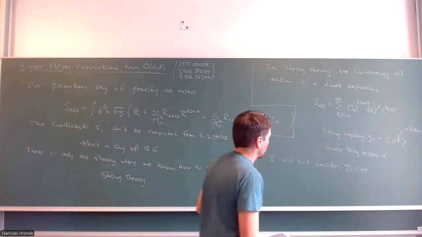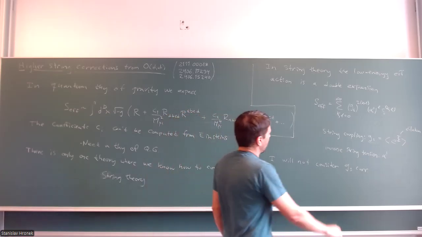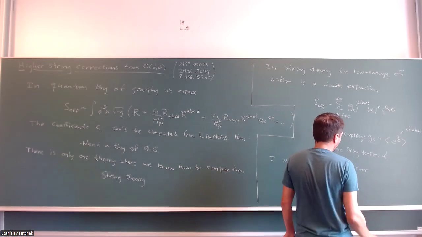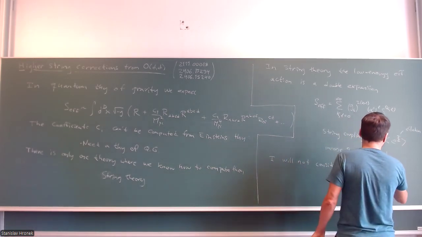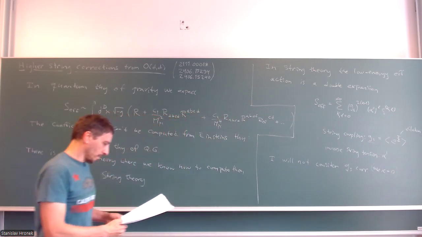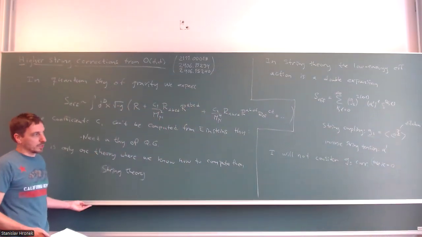The higher string loop corrections will not be considered, so I will take only the case k is 0 in the sum. But we will consider the alpha prime corrections.